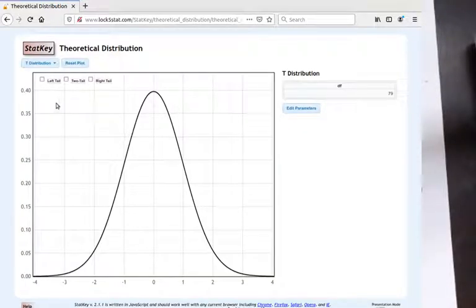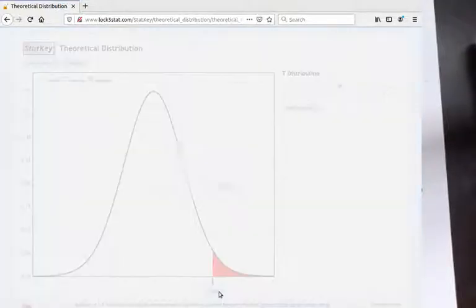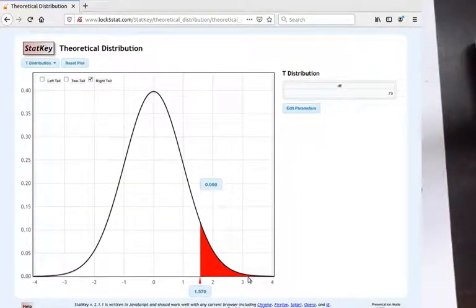Now I could do left tail with negative 3.1, or I could do right tail with positive 3.1. Of the two, I'm just going to do the 1.57. 1.57 is the standard score, the T value that I want. And it seems to correspond to a shaded area of 0.06.